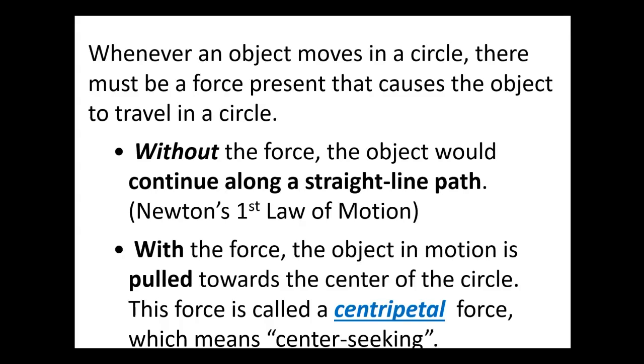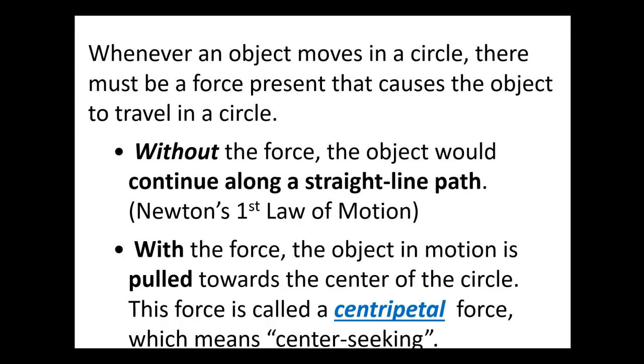We know that from Newton's first law of motion, which says that whenever an object moves at a constant velocity, that means a constant speed in a straight line. So there has to be a net force that is non-zero that makes an object move in a circle, and that force is called a centripetal force.